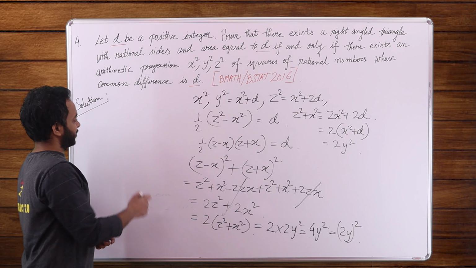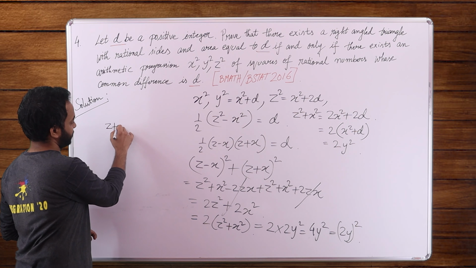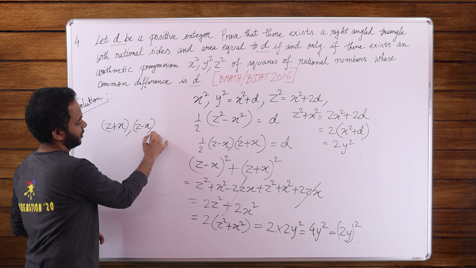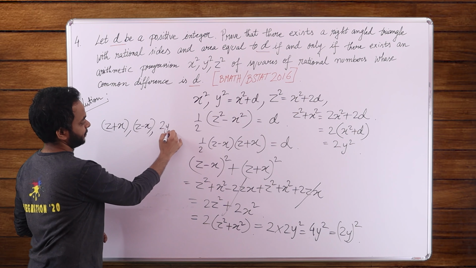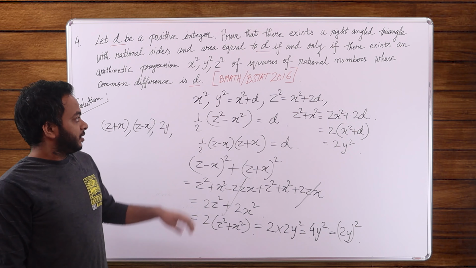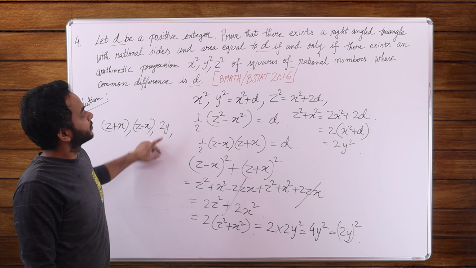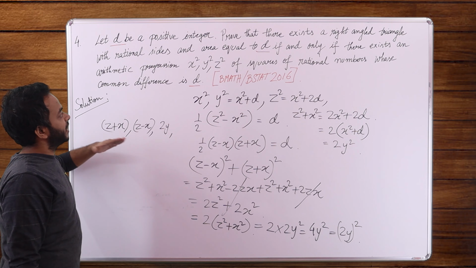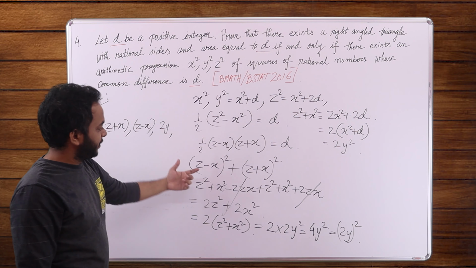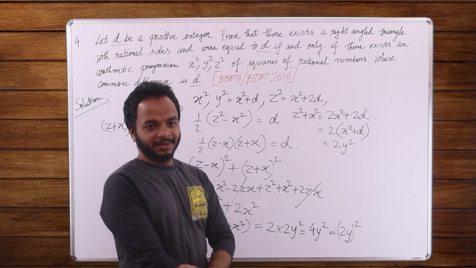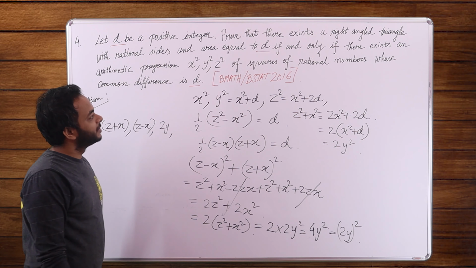So we have a right angle triangle where the sides are z plus x, z minus x, and this 2y, right? So yes, we have proved that there exists this right angle triangle with rational sides and its area is equal to d, right? So we are done with the first part.